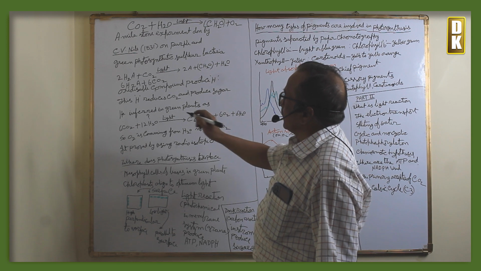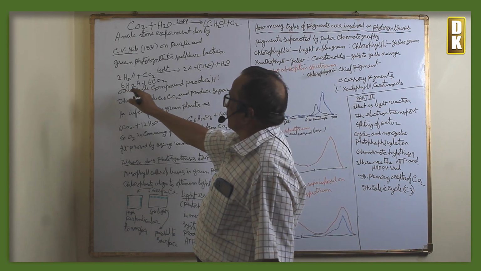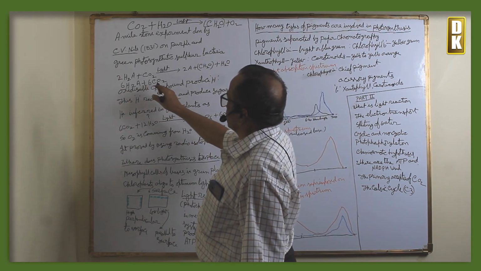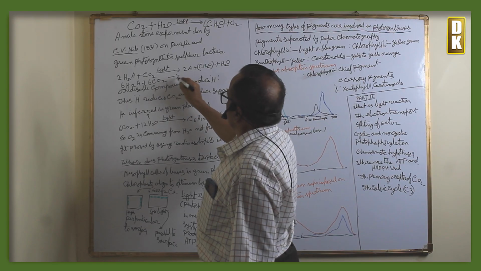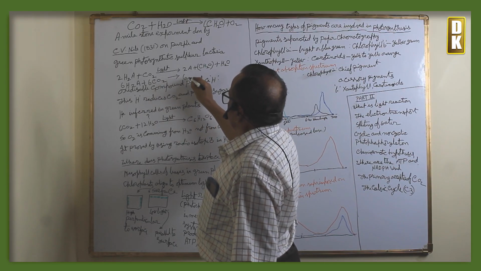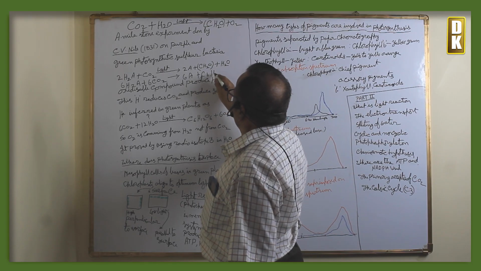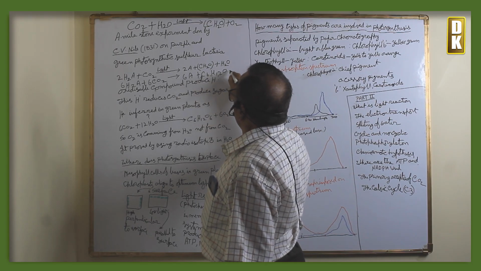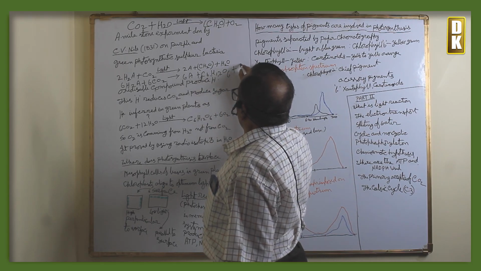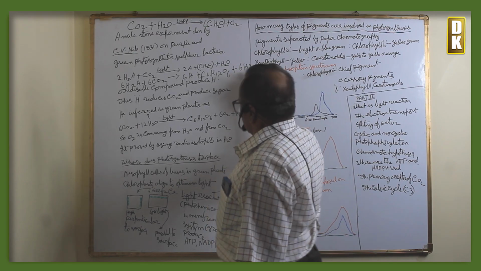That is what you want to tell. And now you see, 6 H2A plus 6 CO2 gives 6A plus C6H12O6, means one sugar molecule, and 6H2O. Same.